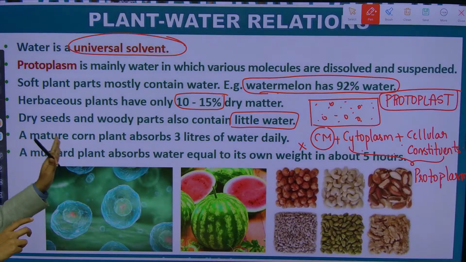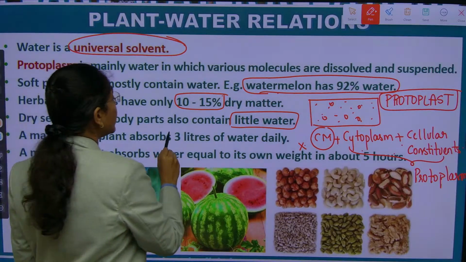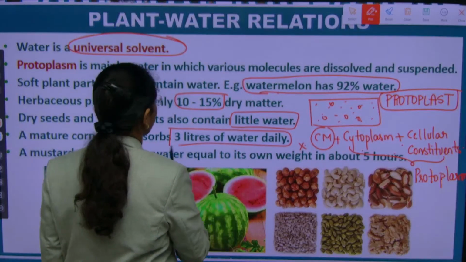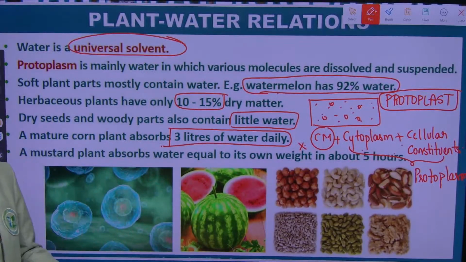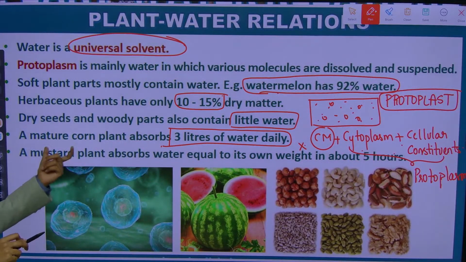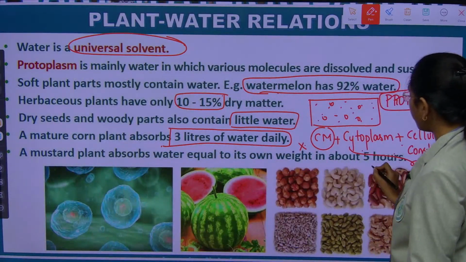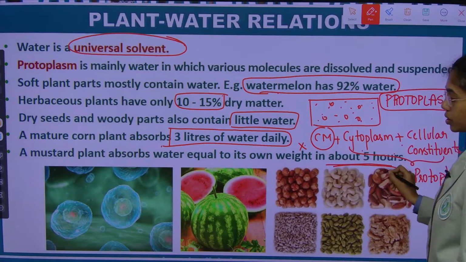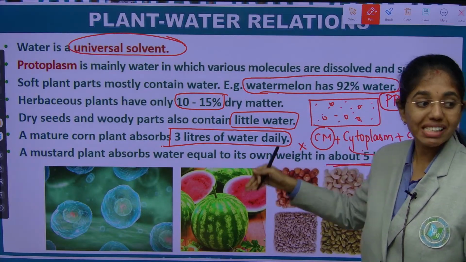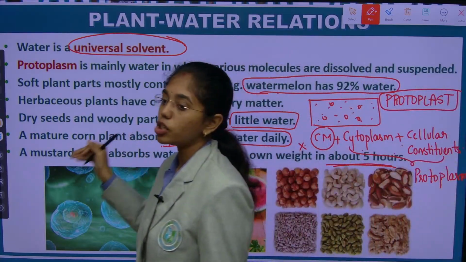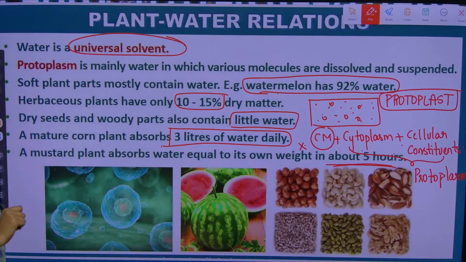A mature corn plant absorbs 3 liters of water per day. A mustard plant absorbs water equal to its own weight in about 5 hours. These are all points derived from your text, and it is very important. Fine, right?